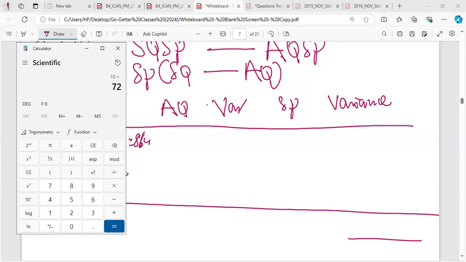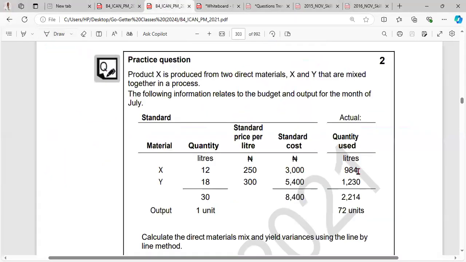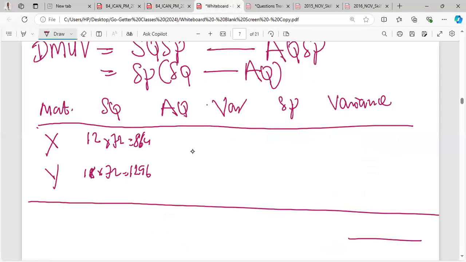18 times 72 is 1296. What are the actuals? 984 and 1230.